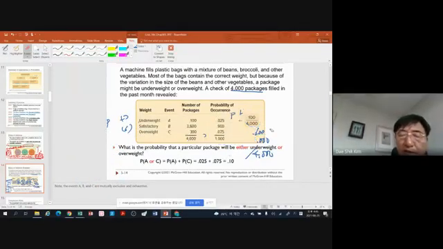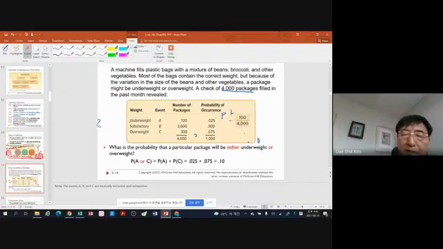The question is, what is the probability that a particular package has either underweight, where underweight is A? Either/or means union, it is "or."